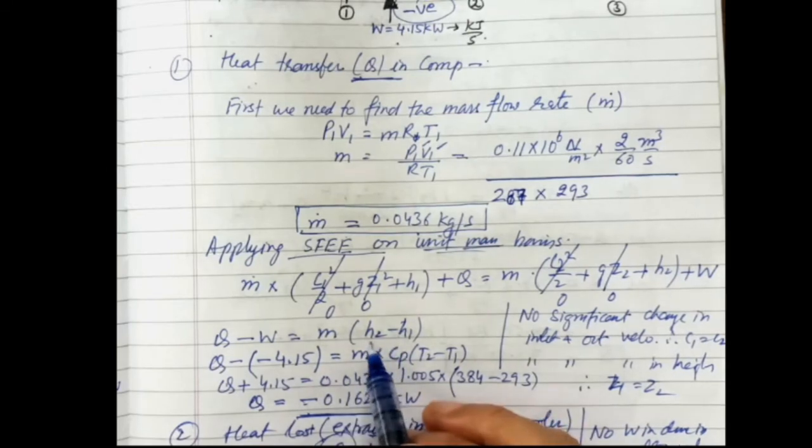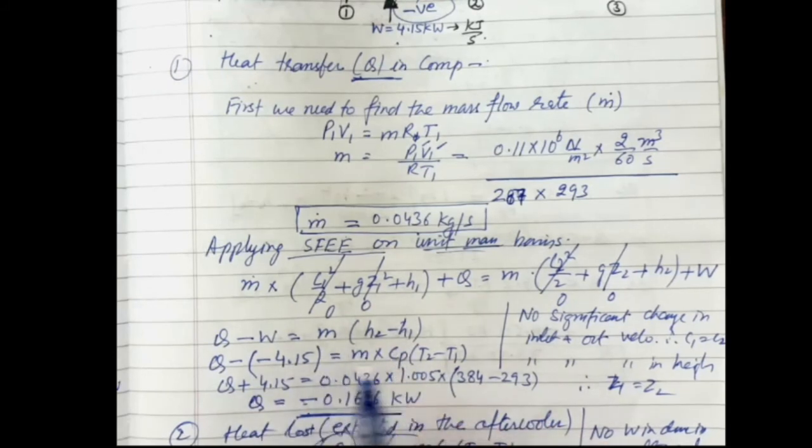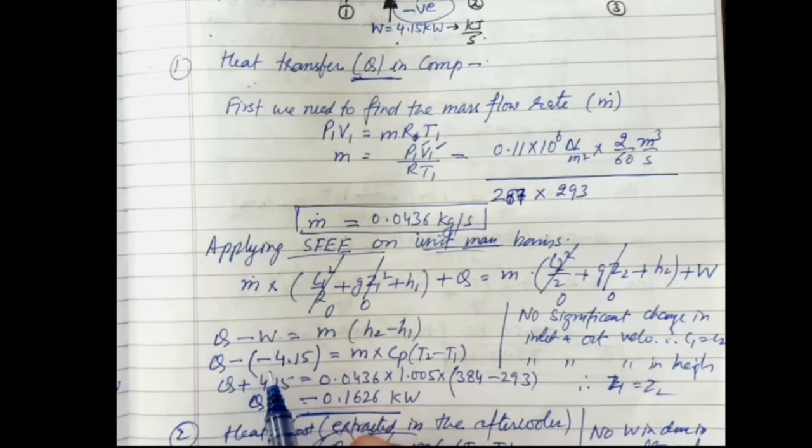This is the enthalpy of air at exit, this is the enthalpy of air at inlet. So we substitute the values for work done. We are doing work on the compressor, so basically we are supplying work into the system. So we need to take this as a negative value, because you know that when work is done on the system it is taken as negative.